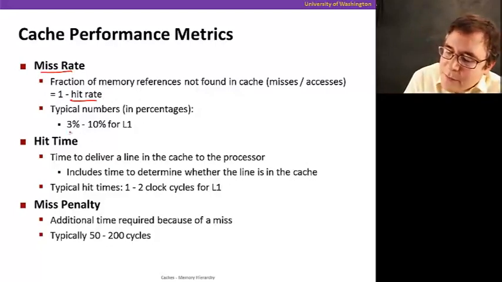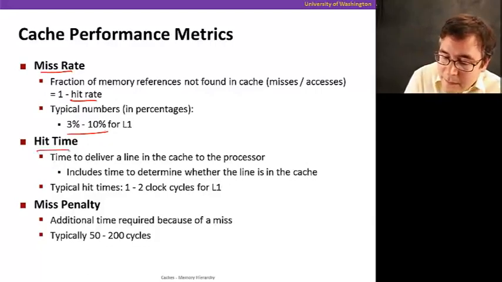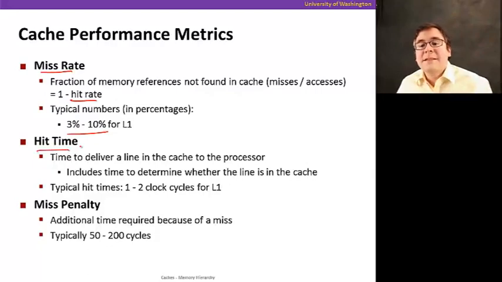And the typical numbers that we see for the first level of cache, which is the level of cache closer to the processor, we'll see what that means in more detail in a second. But for L1, the one that's closer to the processor, the typical miss rate is between 3 and 10%. Now, the hit time is the time it takes to deliver a cache line that's in the cache to the processor so it can consume the data.